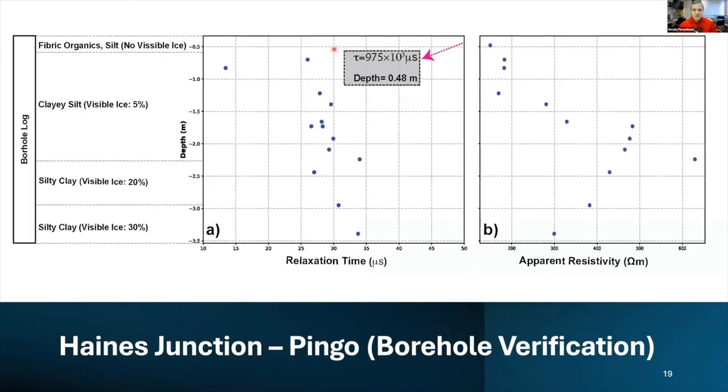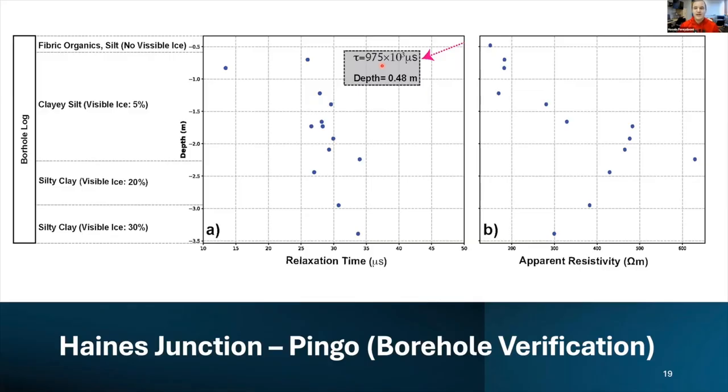And so when we take a look on the data at the location of the borehole, we can see that it's really matched with borehole log. For example, we have had some sign of ice from 10 to 40 microsecond for all of the area.